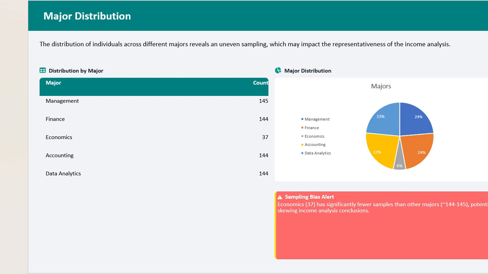This will lead to sampling bias, which means that the result might potentially skew towards the majors that are more heavily sampled.